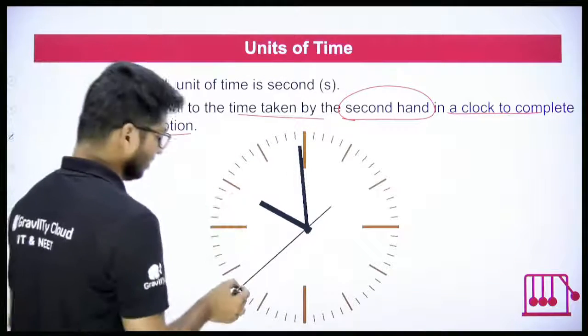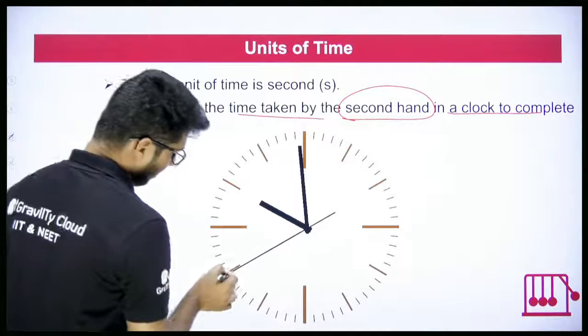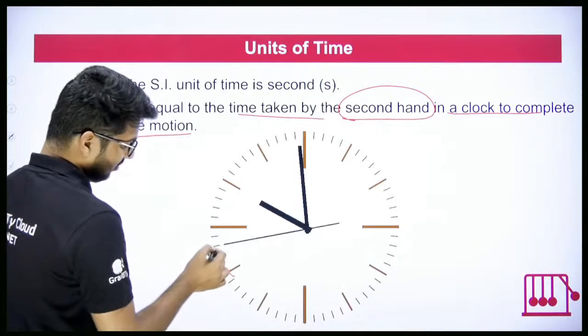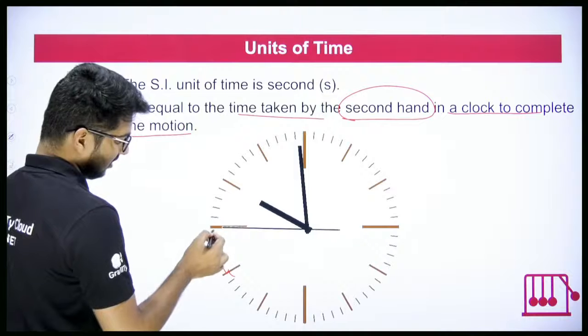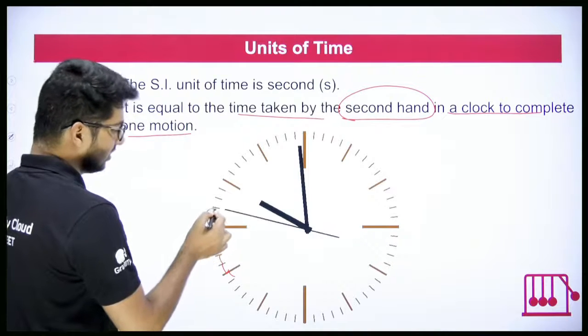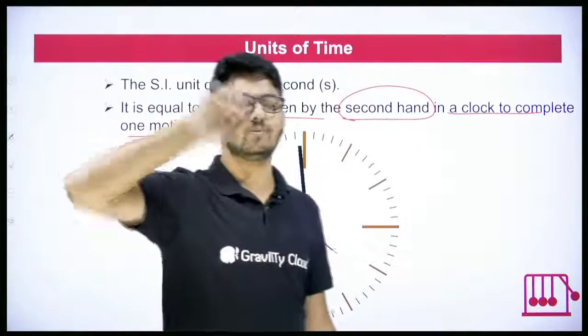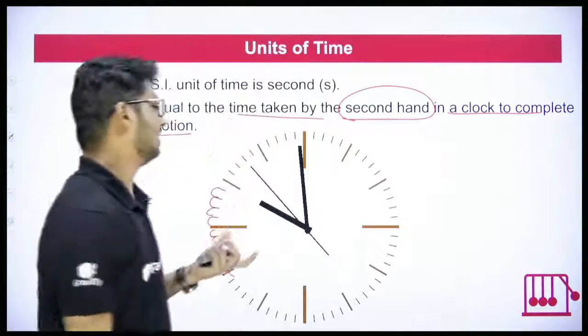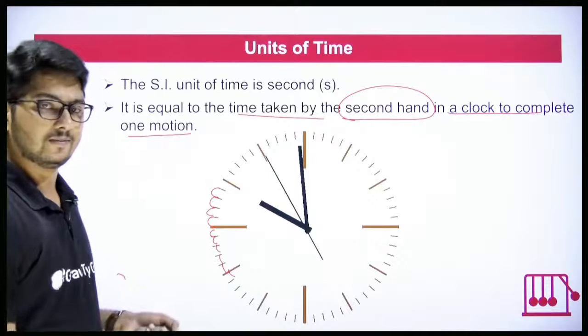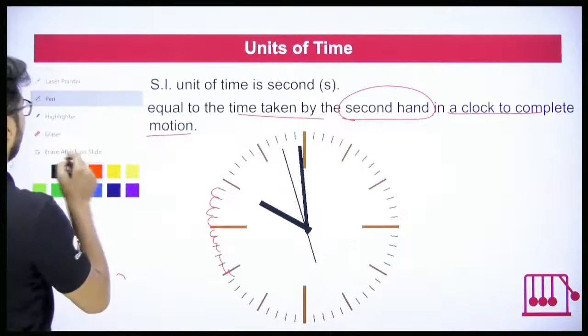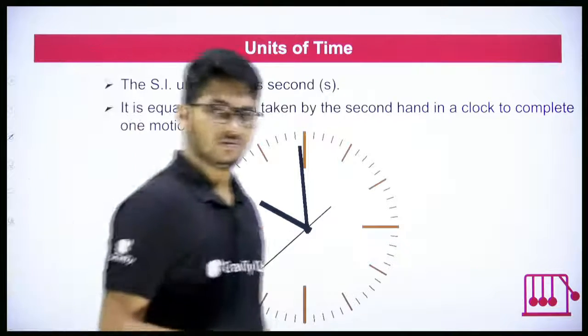One motion, from here to here, is 1 second, and again 1 second, and so on. Every single motion of the second hand is 1 second. Clear? So you can define 1 second in that way.